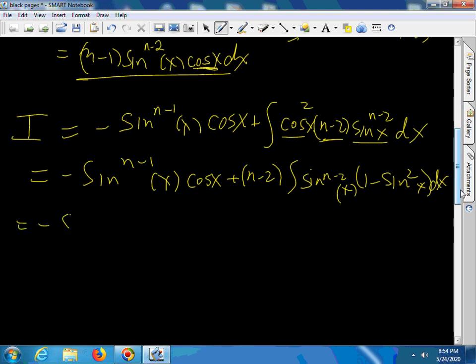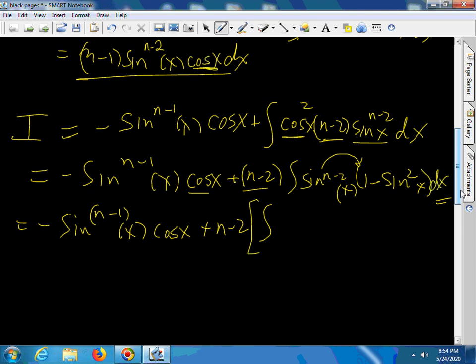And this is equal to negative the sine raised to the n minus 1 of x times the cosine of x plus this n minus 2 times the integral. Now I'm going to distribute. I get this times 1 times dx, which is sine raised to the n minus 2 x dx, and then minus the integral of sine n of x. That looks familiar. That's I.